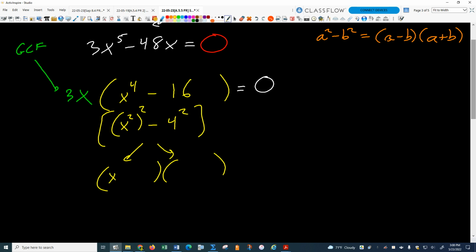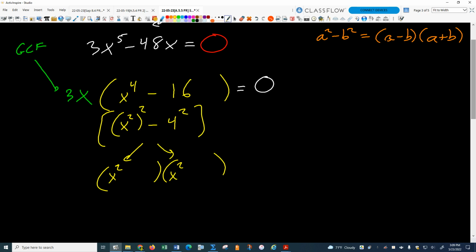These are x's? Squared though, right? Because look, my a is an x squared. I get a squared is x squared squared, right? Yes, right? Because that's what's being squared in my difference of squares, right? My a is x squared, okay?